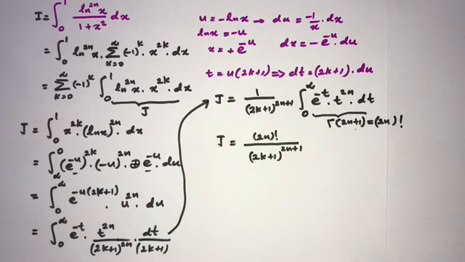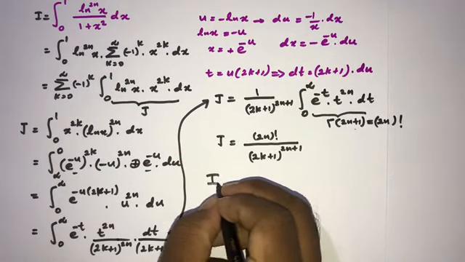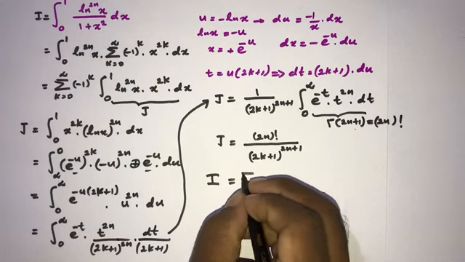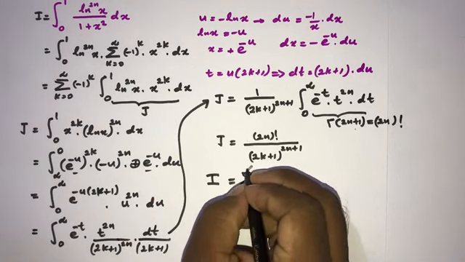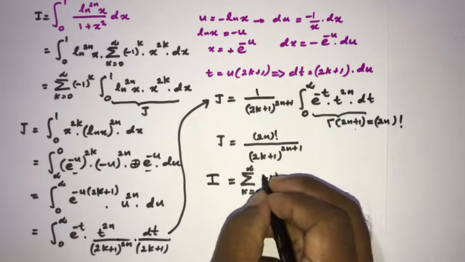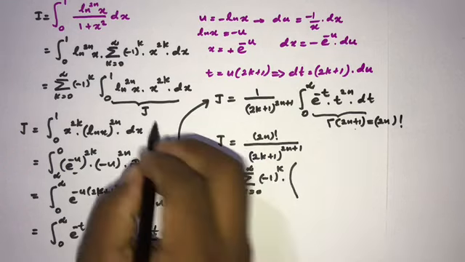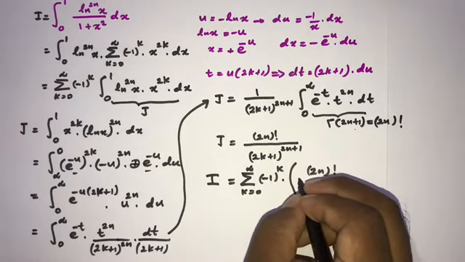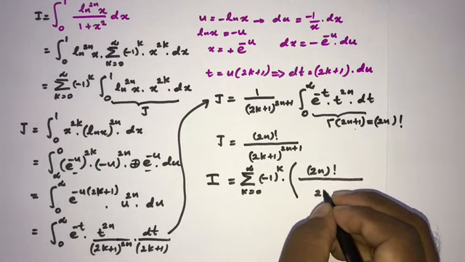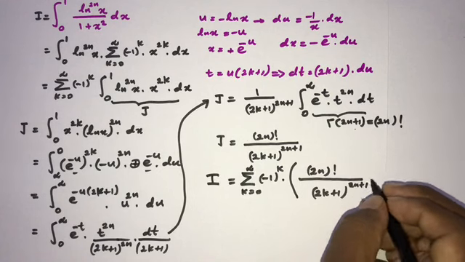So we can write our main integral I is equal to the sum k equals 0 to infinity of minus 1 to the k times J, which is 2n factorial over 2k plus 1 raised to the 2n plus 1 power.